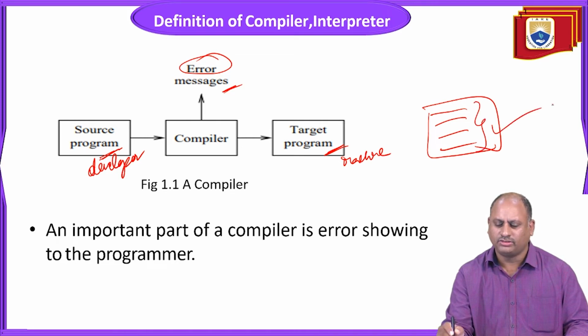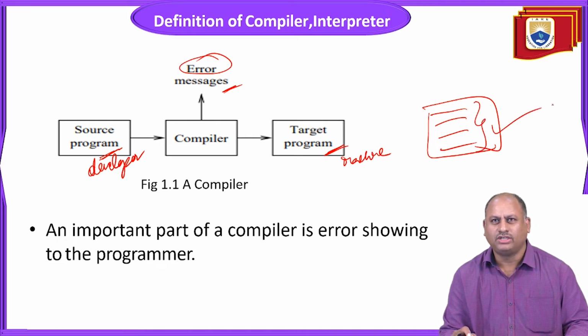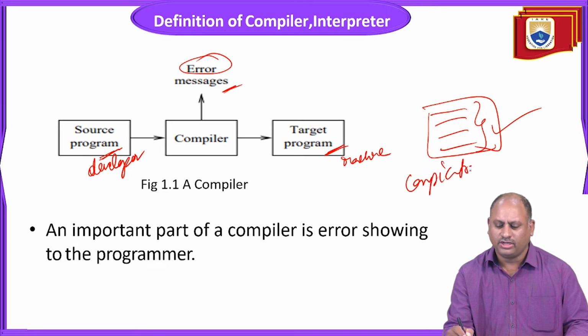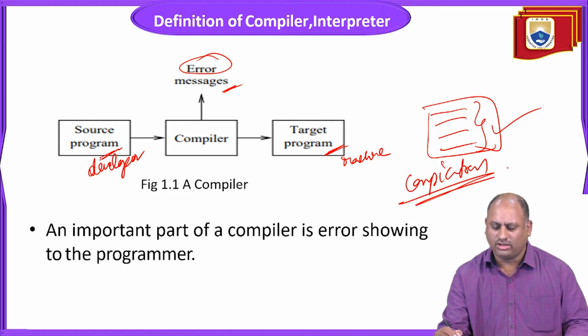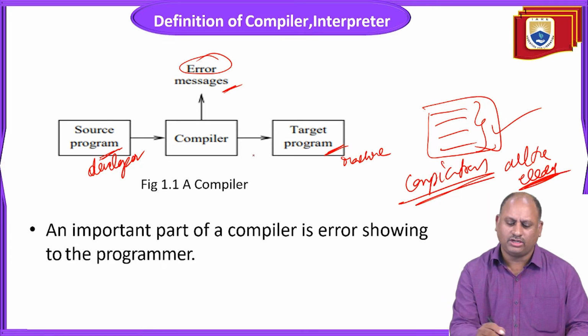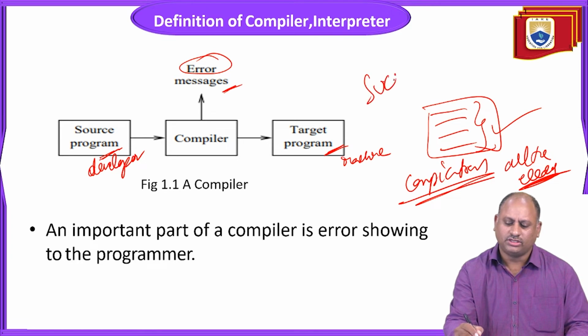Once the program is rectified, it goes to the compilation process again. This is done several times until all the errors are eliminated, and then we consider the compilation a success.